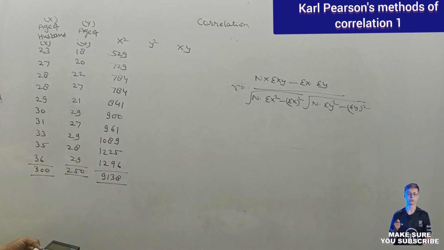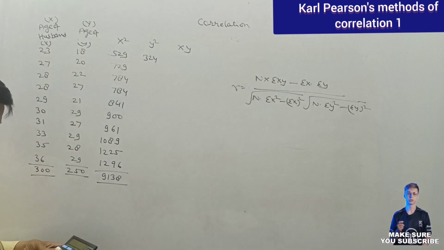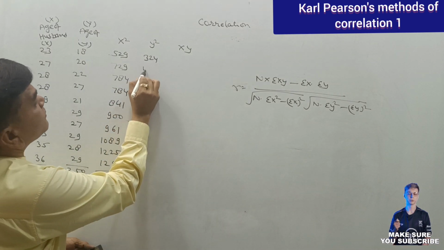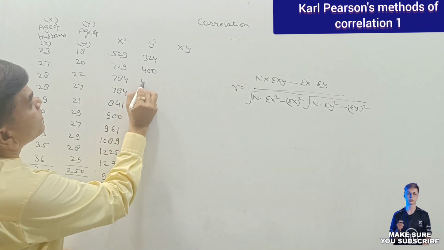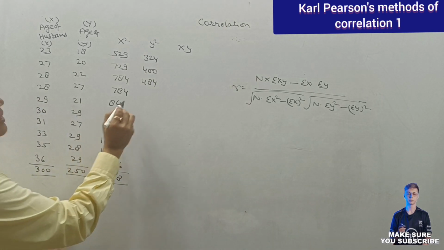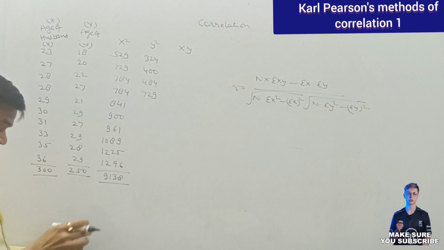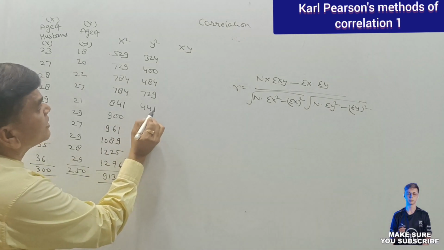Now we get y square. 18 multiplied 18, that is 324. 20 multiplied 20, that is 400. 22 multiplied 22, 484. 27 multiplied 27, that is 729. 21 multiplied 21, that is 441.